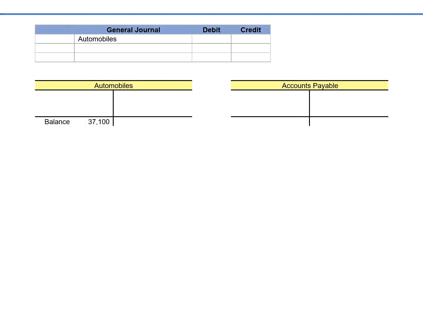Okay, so they tell us that the journal entry for automobiles, we debited automobiles and we credited accounts payable, right? And so when we post that journal entry to our T accounts, our debit comes down to the automobile T account to the left side because that's where debits go.